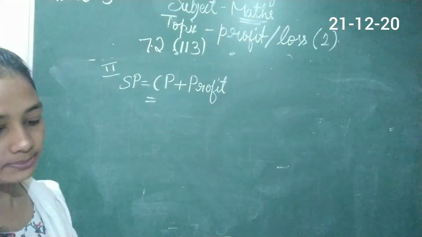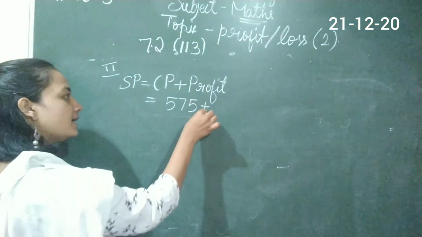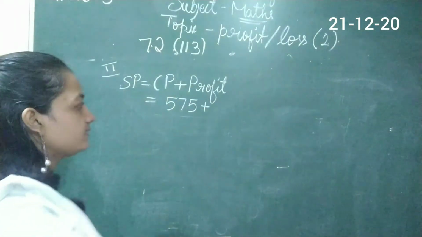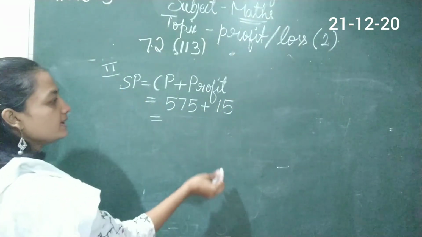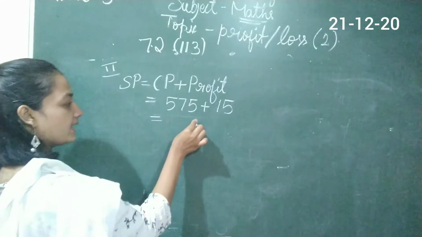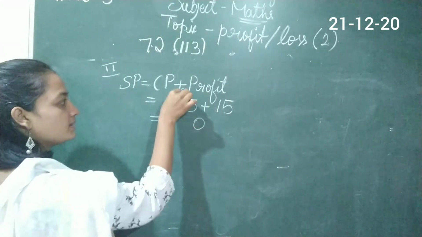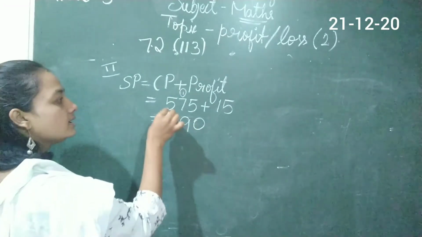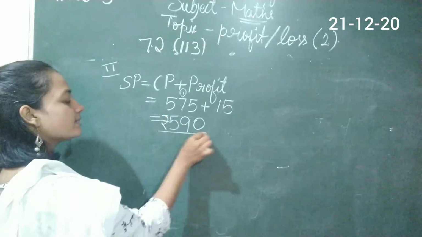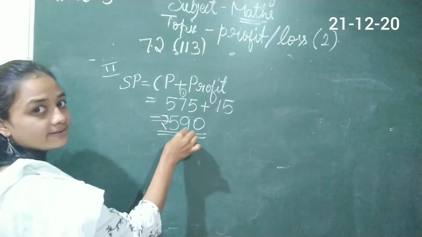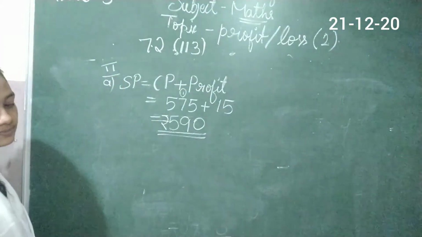So the selling price here is 575 plus the profit, 15 rupees. 5 plus 5 is 10, 0 and 1 carry, 1 plus 7 is 8 plus 1 is 9, and there is nothing here, so same 5. So my selling price would be rupees 590. This is second mean, first one.